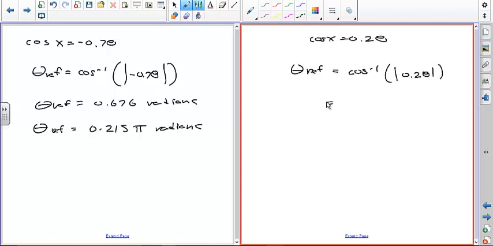The inverse cosine of 0.28 is 1.287 radians. Then we divide that number by pi to get 0.4097 pi radians.